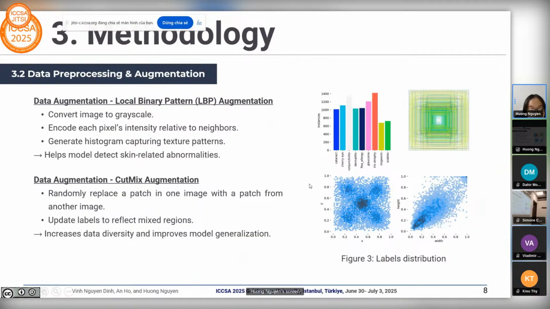And the key benefit here is that it increases data diversity and helps the model generalize better, especially in cases where a lesion or disease might only appear in a small part of an image. And in combination with LBP, this technique helps bring a more balanced and diverse dataset, ultimately improving the model accuracy in diagnosing skin and eye diseases.